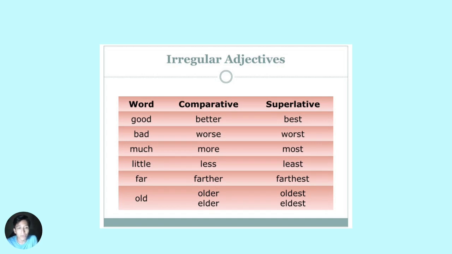Now, before talking about the comparative and the superlative adjectives, I would like to say that there are irregular adjectives that you must learn, that you must know each form of them, because when we want to use a comparative and a superlative of an adjective, in this case good, we have to change it completely.